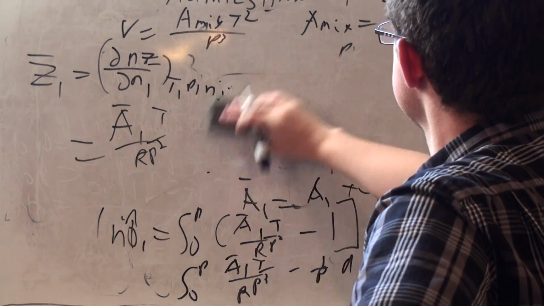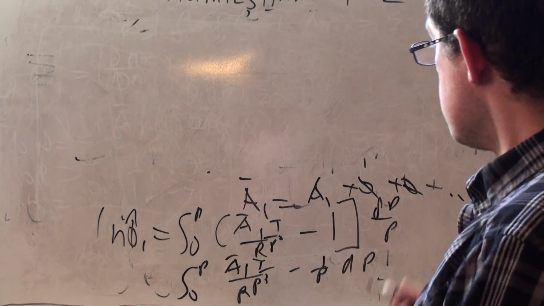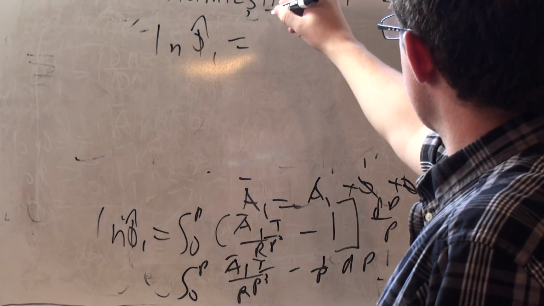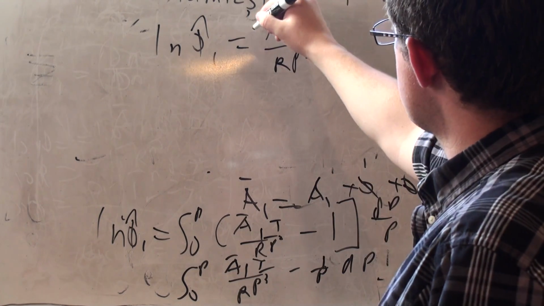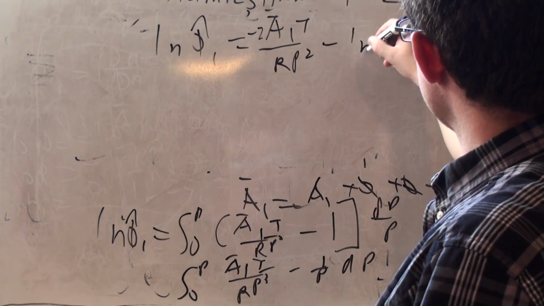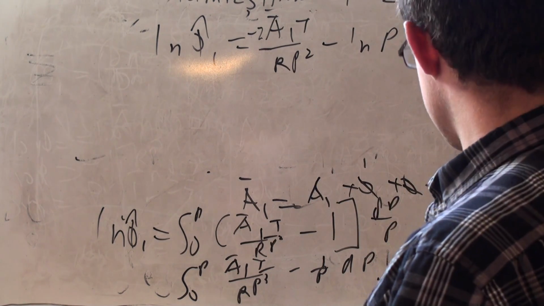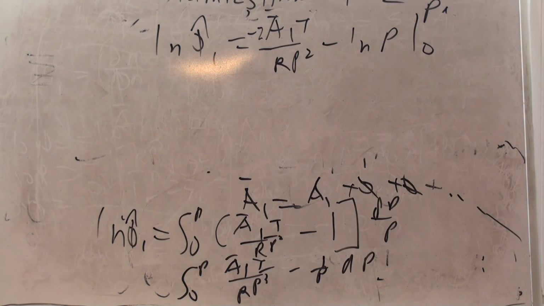Let's do that up here. Now I just integrate. So natural log of phi 1 hat is equal to partial molar A1 T, because that's constant, over R times P squared minus 2, minus the natural log of P from 0 to P. Now, this is why it's infinitely important that you show all of your work.